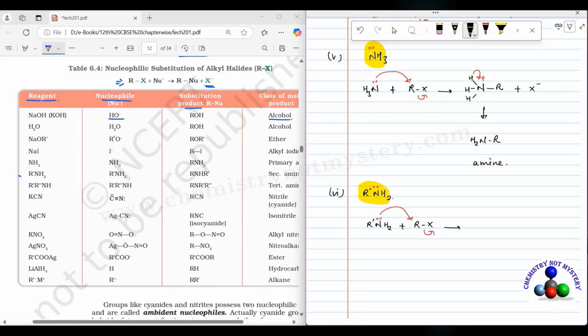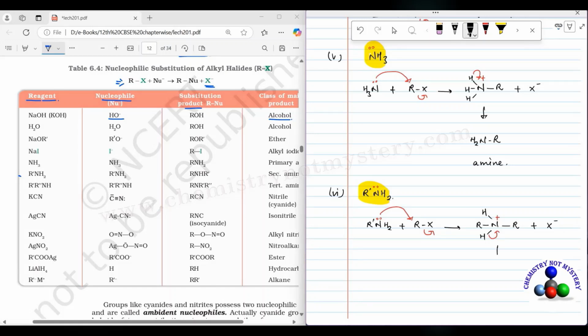So here you will get R, nitrogen, two sides it is bonded to hydrogen and it makes another bond with the alkyl group and halogen is removed in the form of halide ion. As nitrogen donated lone pair to alkyl group, it will develop positive charge. To neutralize this positive charge, hydrogen is removed in the form of H plus ion.